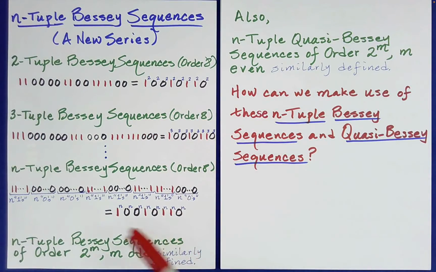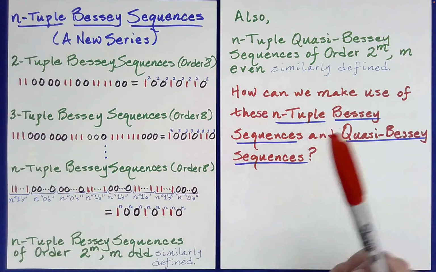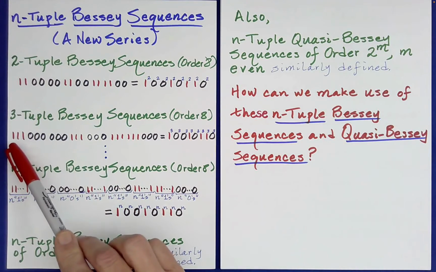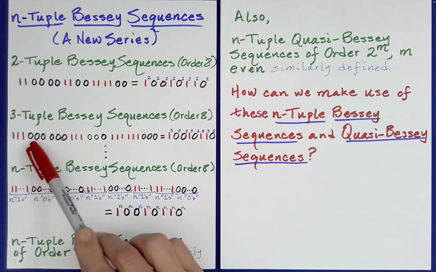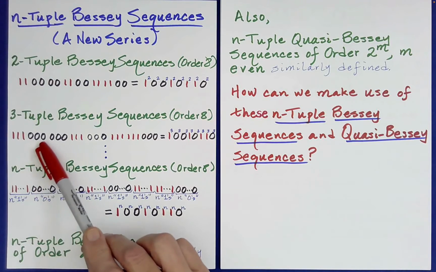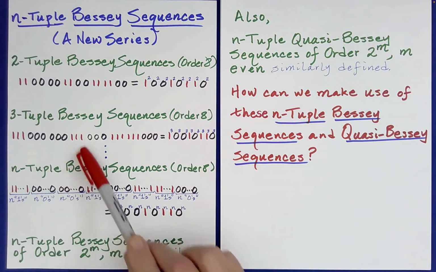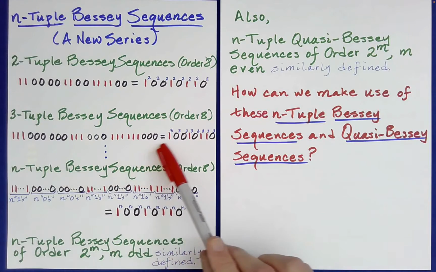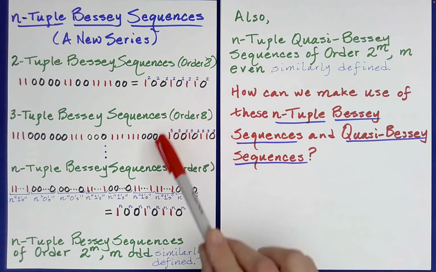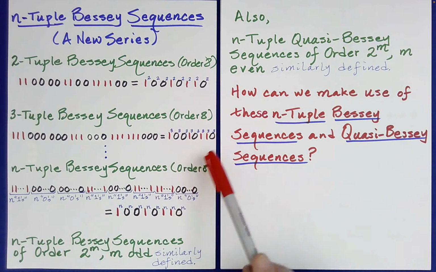And then, as you might imagine, a three-tuple is just a generalization of that, where we start with 3 1s and then a group of 3 zeros, 3 zeros, 3 1s, 3 zeros, and so forth. Notationally, a three-tuple Bessey sequence is written as shown here.